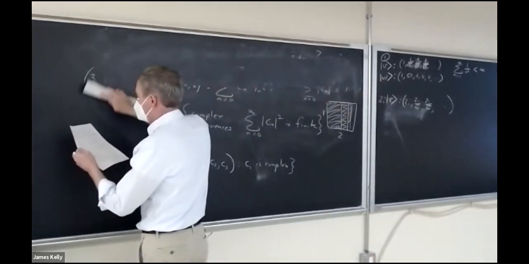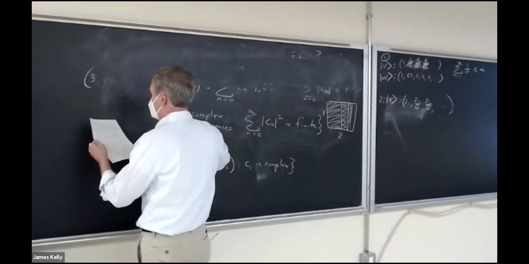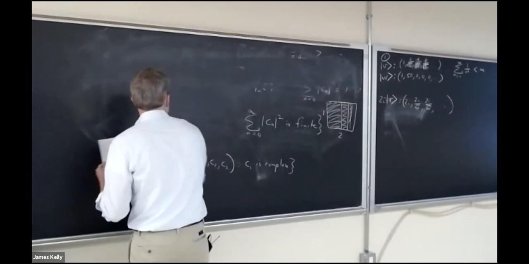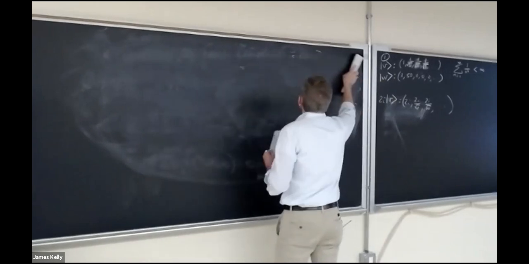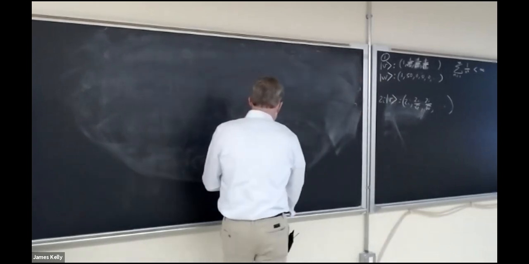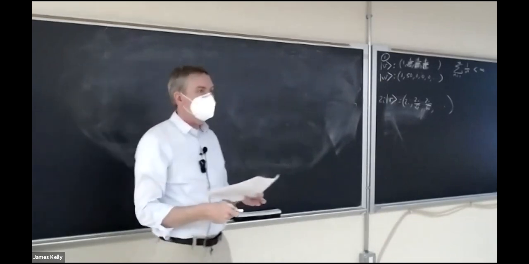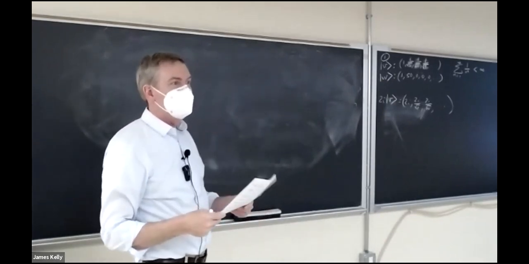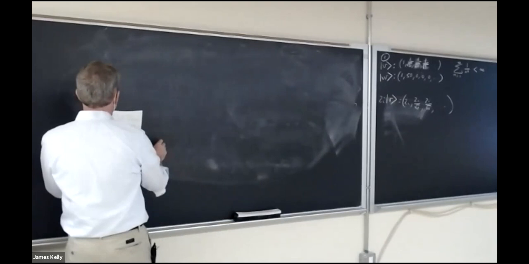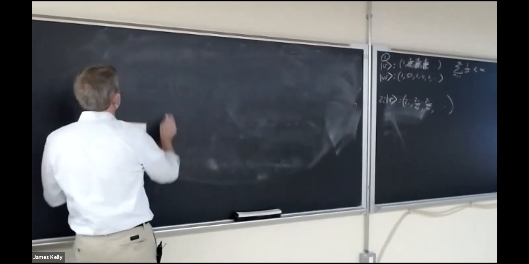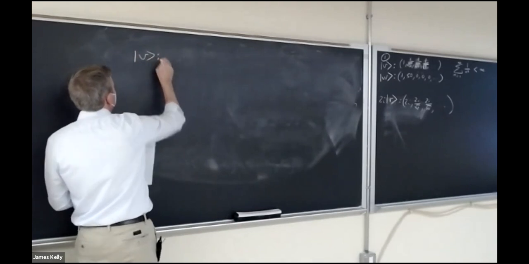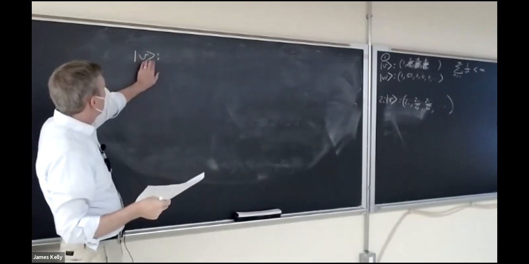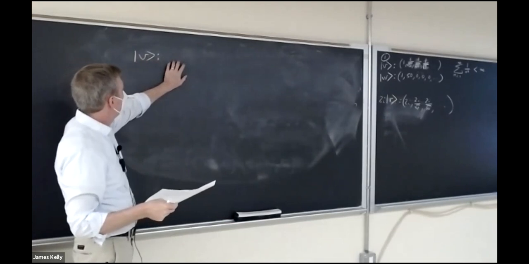For 2, we're supposed to use capital L2. Somebody give an example of a function in capital L2. Square integrable functions. If I wanted to label them abstractly, usually people don't put equal signs between this and a particular representation.